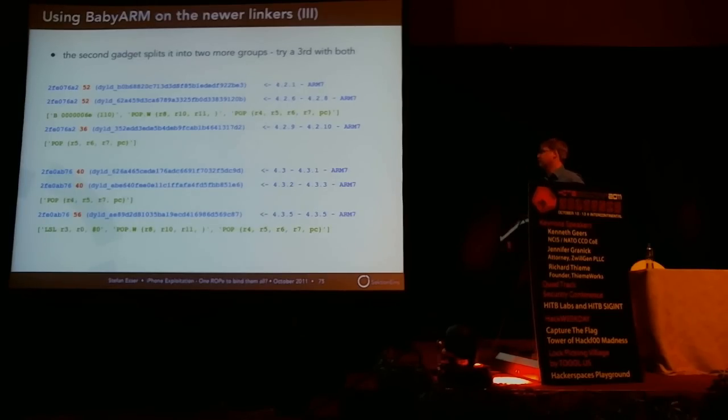Basically, I had to try a little bit around so that they don't collide, but yeah. Because I get a list from baby ARM of all the gadgets, and I just take one that doesn't collide. And for the newer dynamic linkers, you have the same situation. The first 2 are found as the same gadget, and in the second case, for the last one, there's a second case.